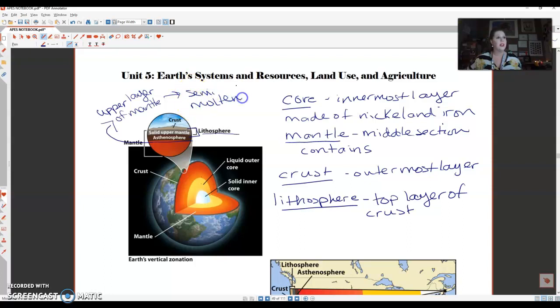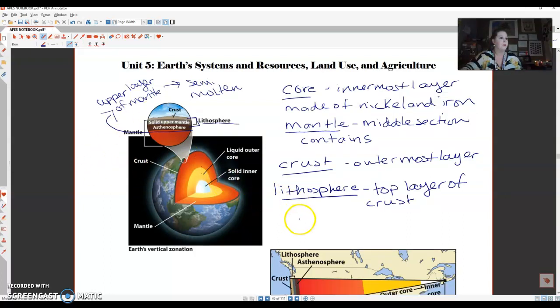It's not completely molten like the mantle. It's not completely liquid. It's semi-molten, meaning that it's very hot, and when you have rocks in that layer, they can melt. So it is kind of in between a state of liquid and solid. All right, so those are the layers of the earth.